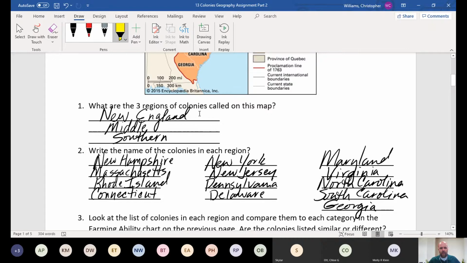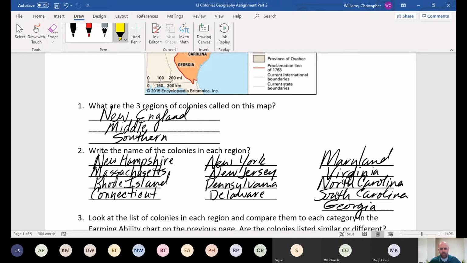Okay, so again, all I did was pull the 3 names that are on the map, New England, Middle, and Southern, because I'm identifying the 3 regions, which are on the map. And then I'm writing down the 4 in New England, the 4 in the Middle, and the 5 in the Southern, okay? Now, you don't have to do it this way, but I wrote them down geographically for the most part from north to south.